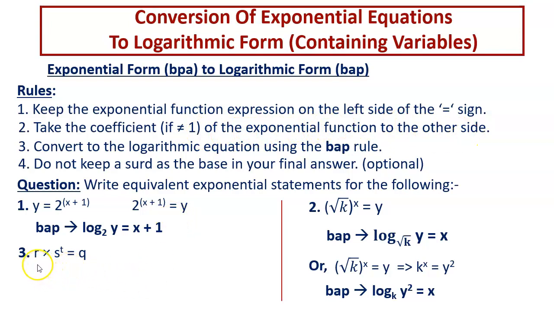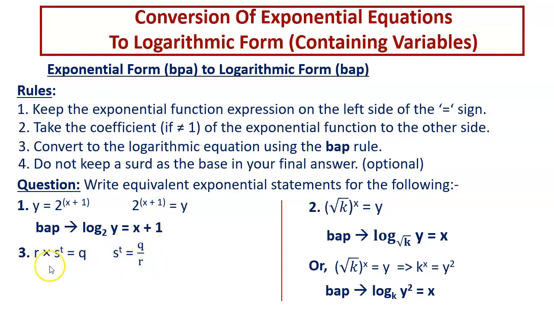Since r is a variable, we do not know what is the value of r, but it can have some other value as well. So we will be dividing the entire equation by r to take this r to the other side of the equal to sign. So we get this equation written in this form: s to the power of t equal to q over r.